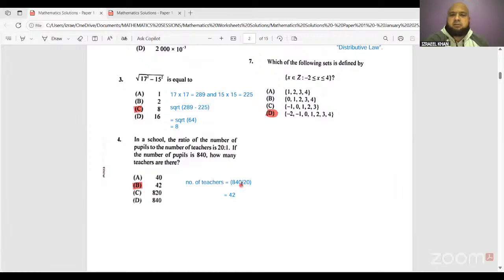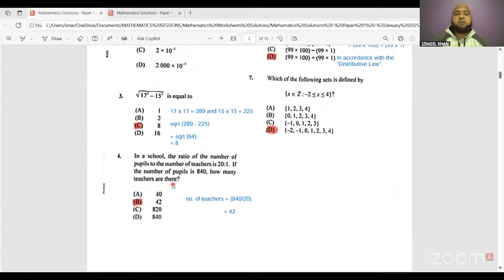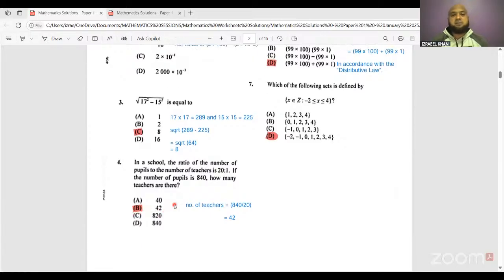Cross out the zeros, top and bottom: 2 into 2 is 1, 2 into 8 is 4, 2 into 4 is 2, and you get 42 classes. Because there's only one teacher per class, 42 classes will give you 42 teachers. And the answer is B for that one. You can see it highlighted there.